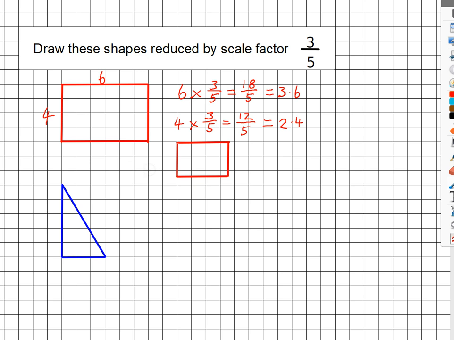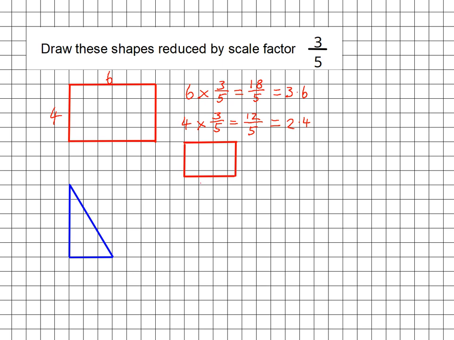Okay, and then we have our rectangle reduced by a scale factor of 3 over 5. So it has got quite a bit smaller. And our lengths are now 3.6 and 2.4.